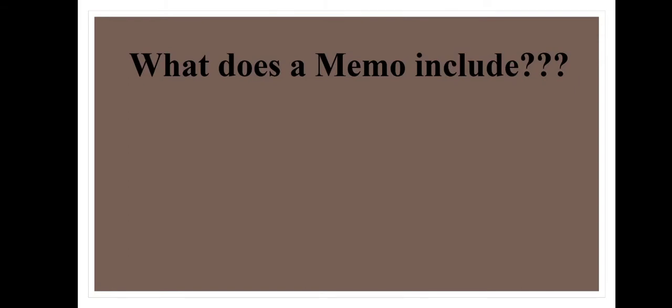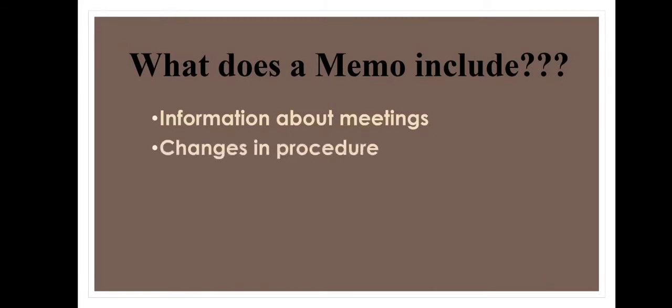So the next question is, what does a memo include? Well, a memo includes information about meetings. If you want to conduct a meeting, or if a meeting has been conducted previously and you want to share the minutes of those meetings with all of your co-workers, then you will write a memo for that specific purpose.